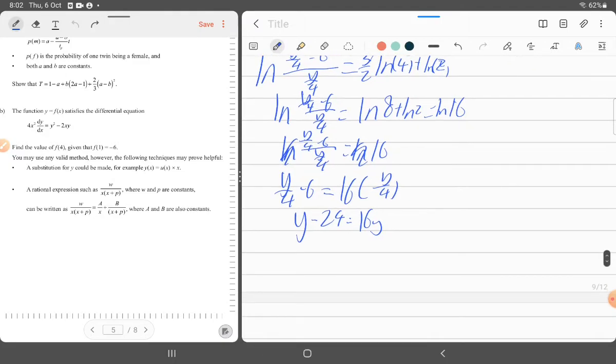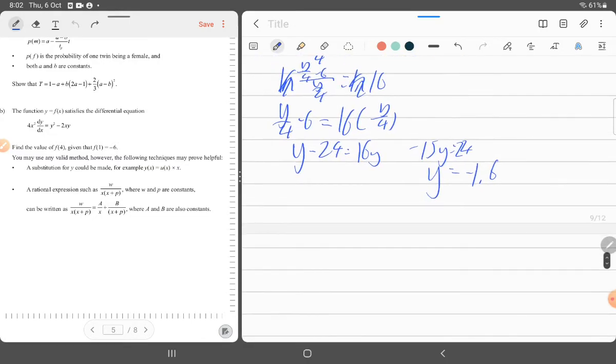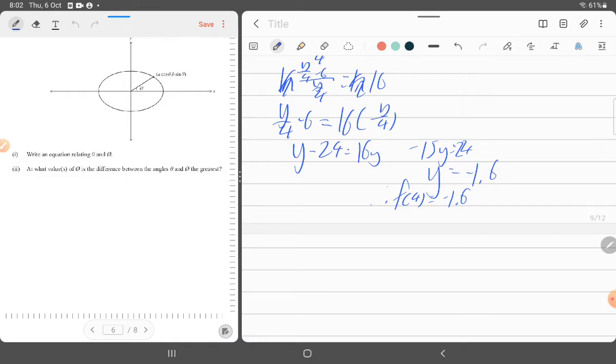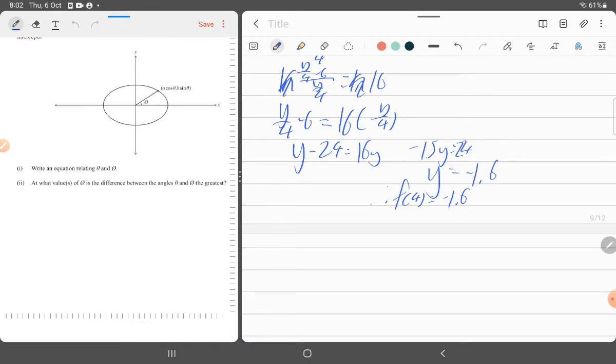So minus 15y is equal to 24. Y is equal to negative 1.6. Therefore, f of 4 is equal to negative 1.6. The curse questions continue.